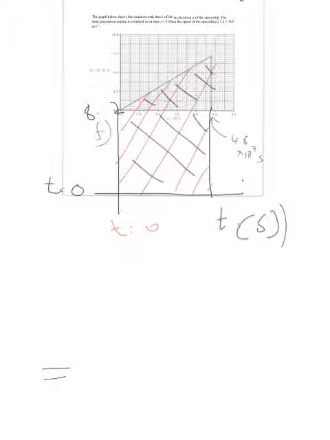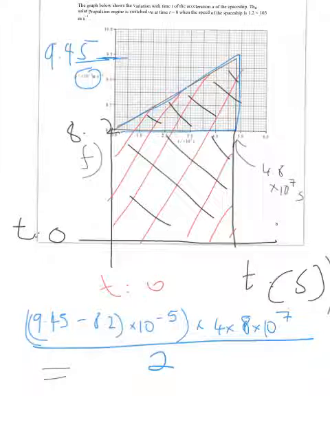So let's try and work out the area of this triangle first. That triangle would be this height here, 9.45 minus 8.2 times 10 to the minus 5, that's that side, times 4.8 times 10 to the 7, which is this side of the triangle, and then divided by 2, which is a triangle.